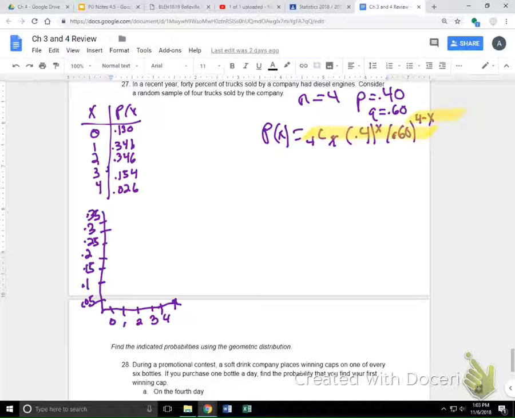That's all I need. Okay, and then these are probabilities, so probs. And down here, trucks, diesel engines.